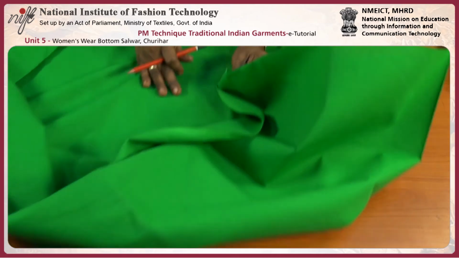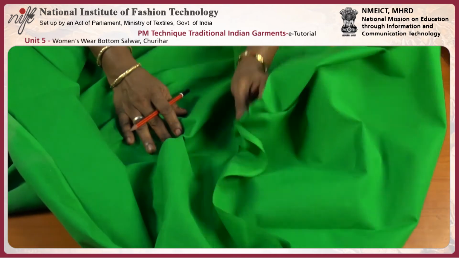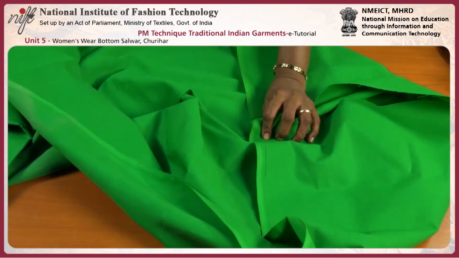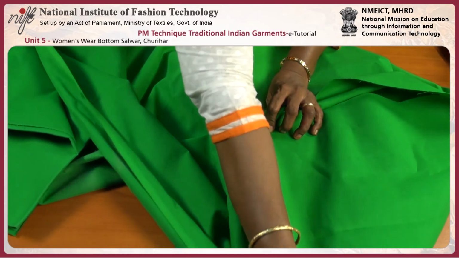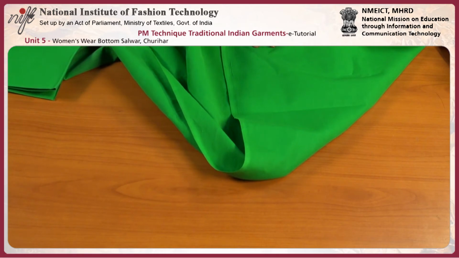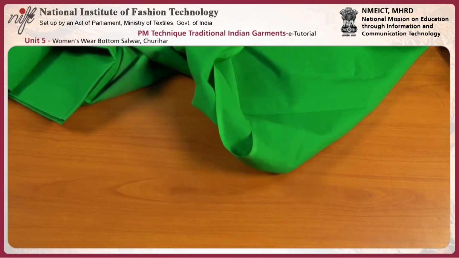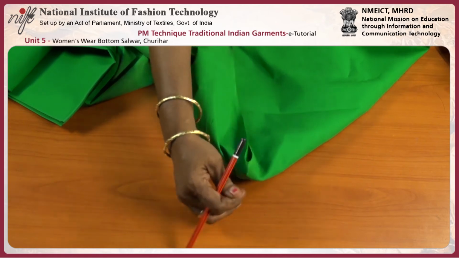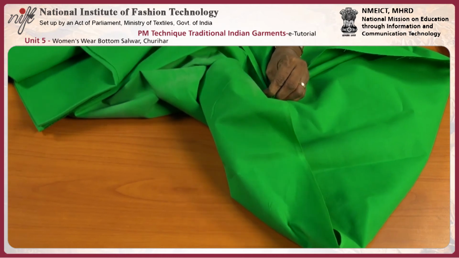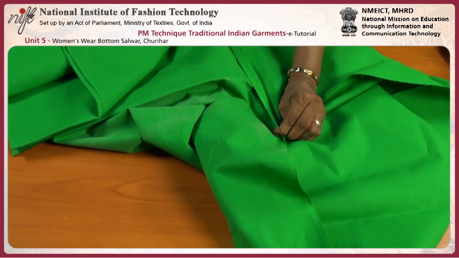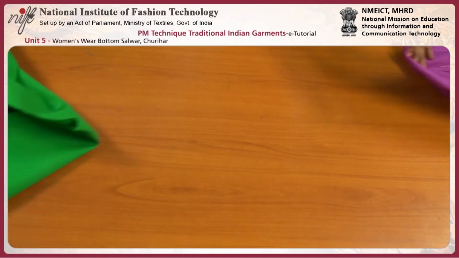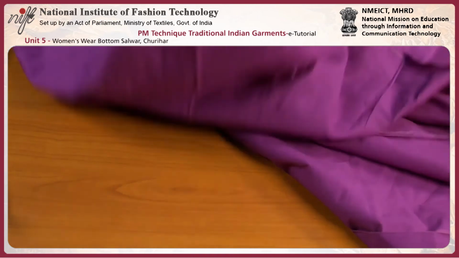The stitching line has to be placed at the center of the fabric. Then we should match all the selvage. Start the stitch from selvage, along with the selvage to the entire length. So we stitch the piece.